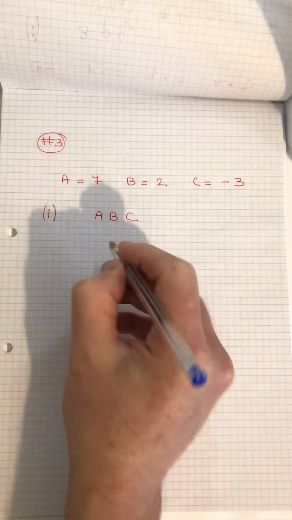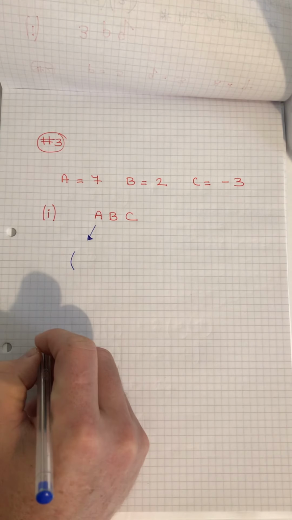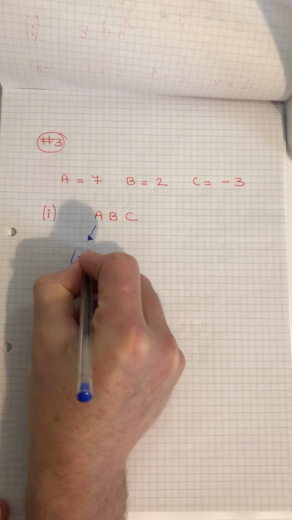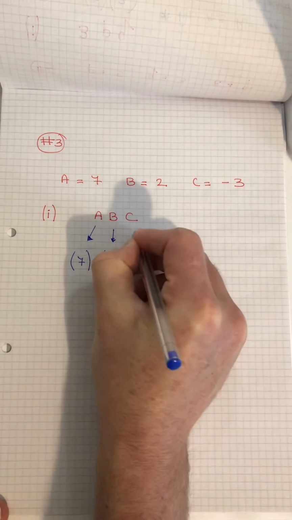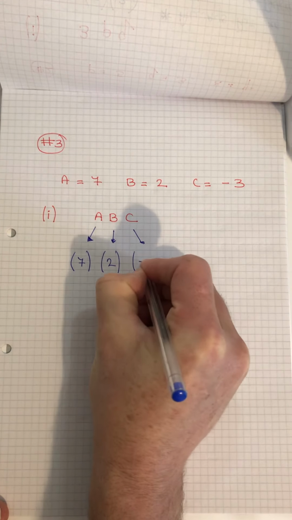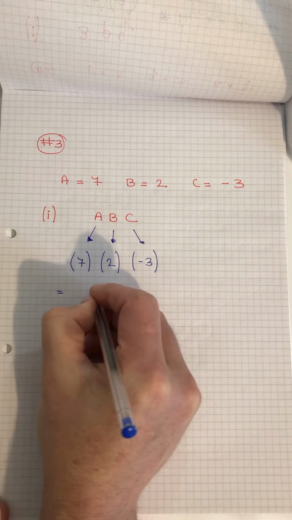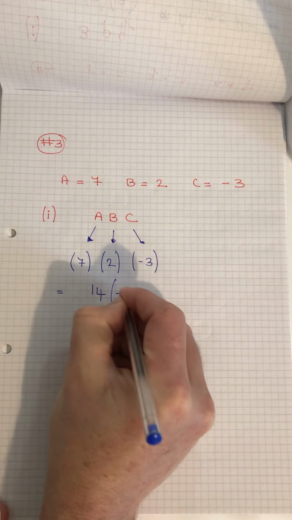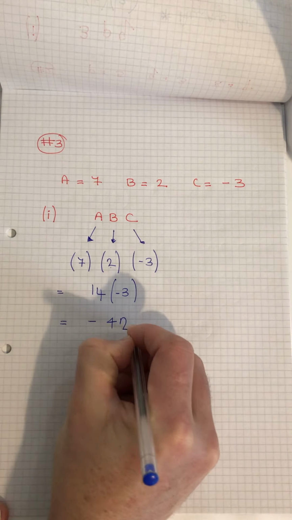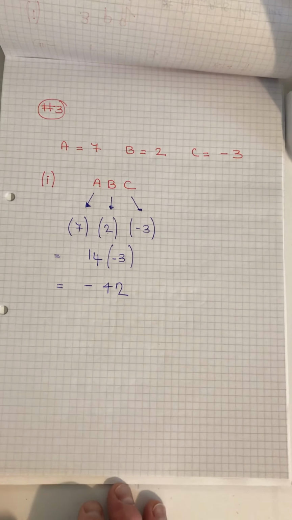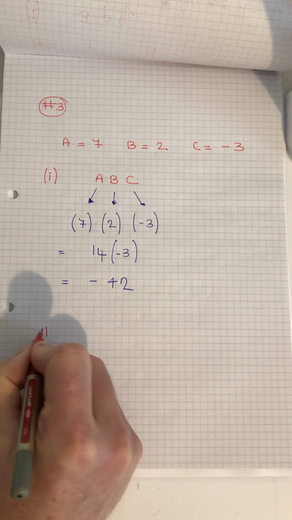So every time I replace a letter, I put it in brackets. So in this case, it'll be 7, B, 2, and C, minus 3. So 7 times 2 is 14, multiplied by minus 3 is minus 42.